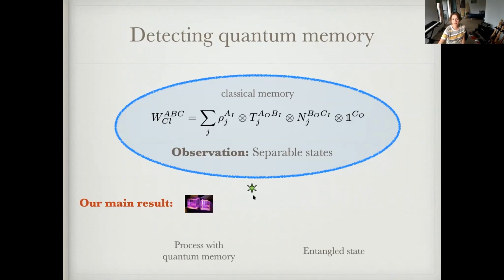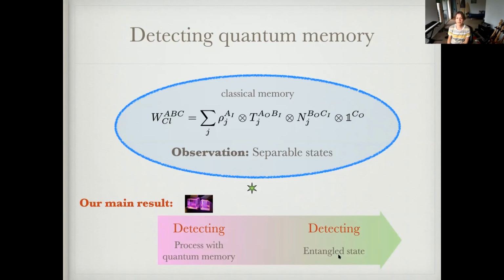Everything that has a quantum memory can be detected in the same way as you detect an entangled state. We mapped the problem of detecting a process with quantum memory to the problem of detecting an entangled state, which is a well-known problem. So you can apply any method of entanglement detection to detect a process with quantum memory. I'll just present one way of entanglement detection.